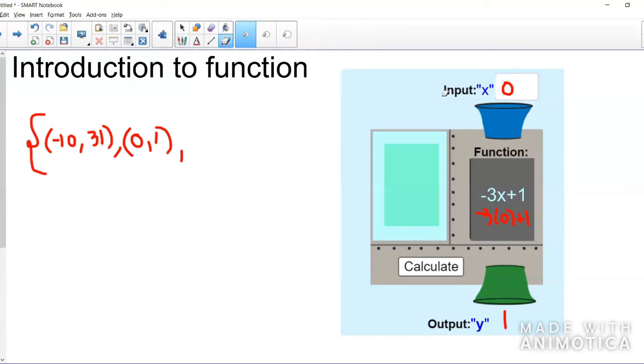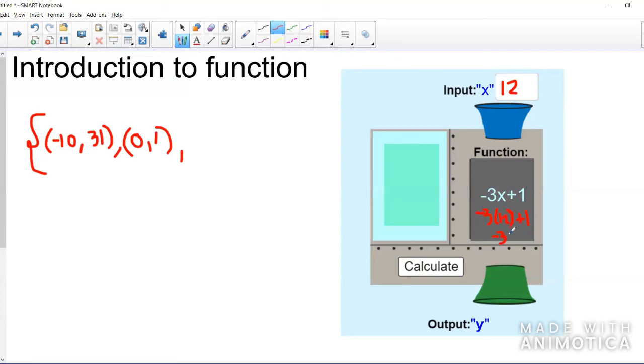Now let's try one more time. Let's try another value. If the input is, let's say, positive 12, what will be the output to positive 12? So that will be -3x plus 1, or -3 times positive 12 plus 1. -3 times positive 12 is -36.